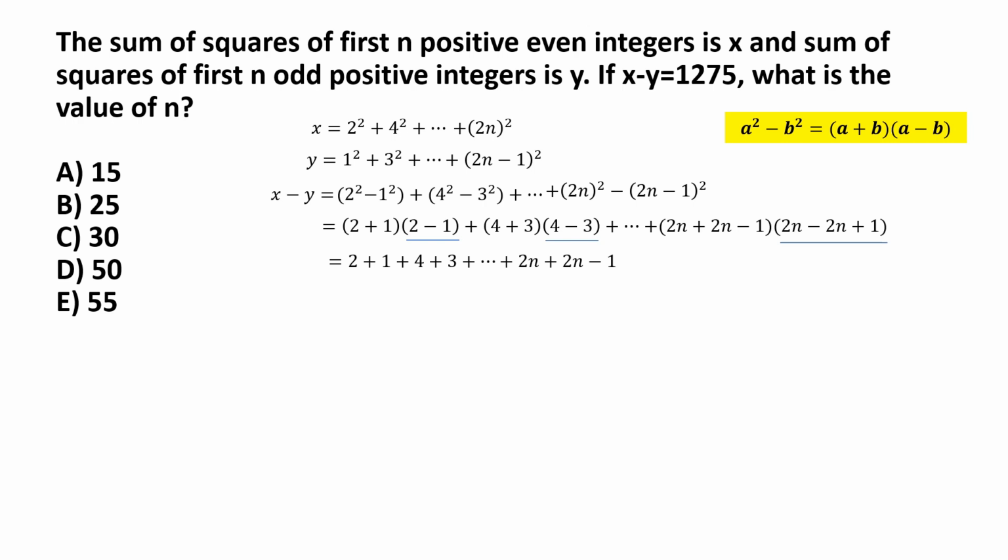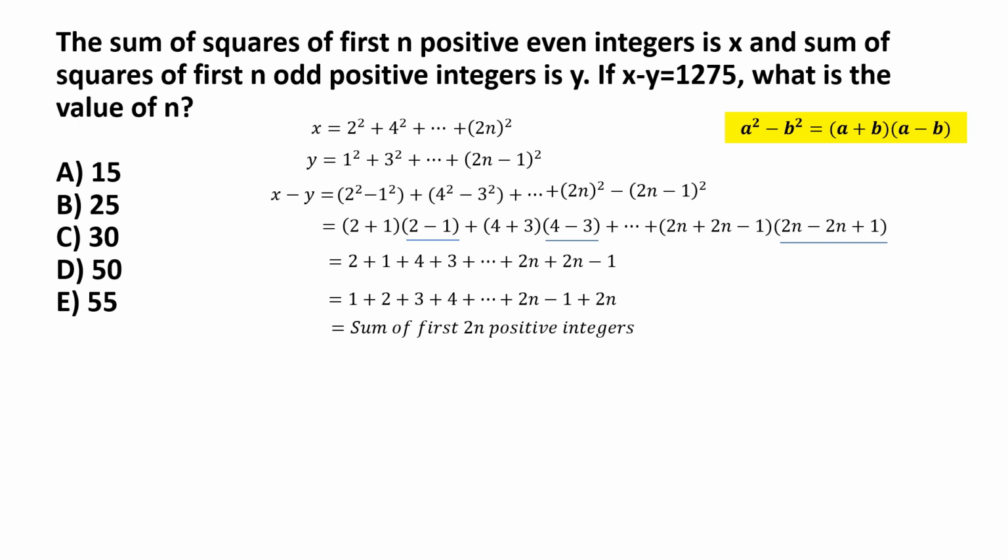And this can be further rewritten as 1 plus 2. So 2 plus 1 can be written as 1 plus 2. Similarly, 4 plus 3 can be written as 3 plus 4. That's pretty simple, right? And the last term can be rewritten as 2n minus 1 plus 2n. Now we observe that this is simply the sum of the first 2n positive integers, right? So we are taking the sum of 1, 2, 3, 4 all the way till 2n.